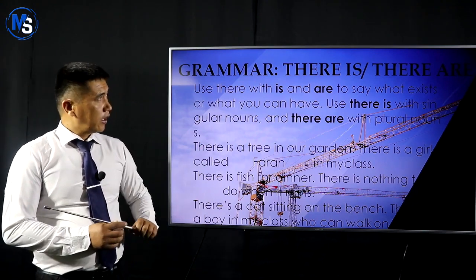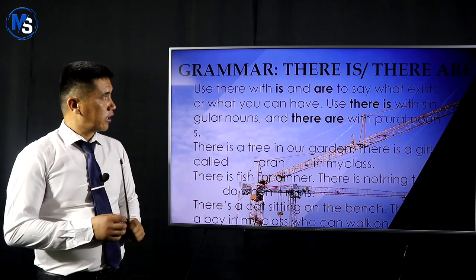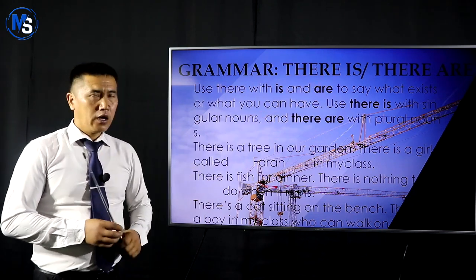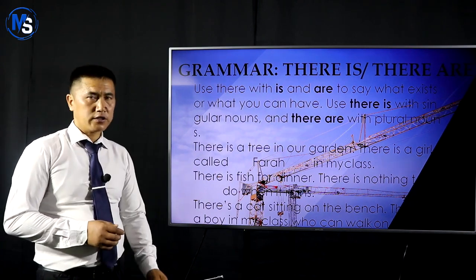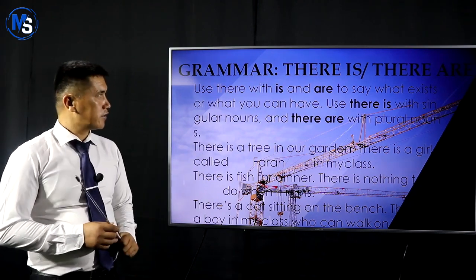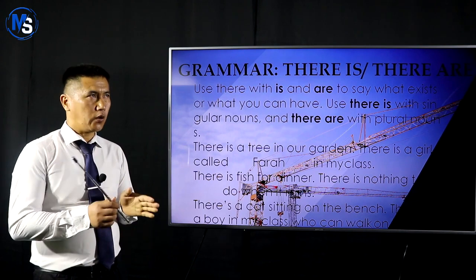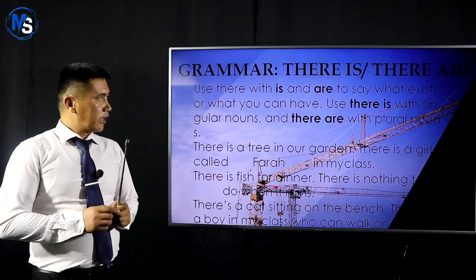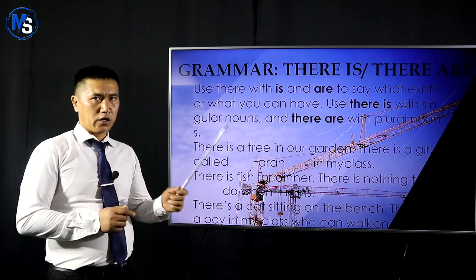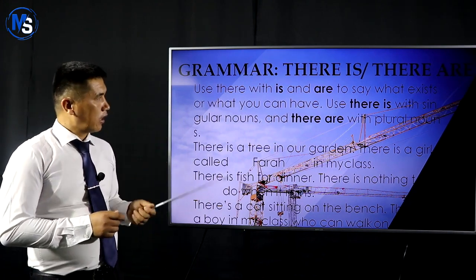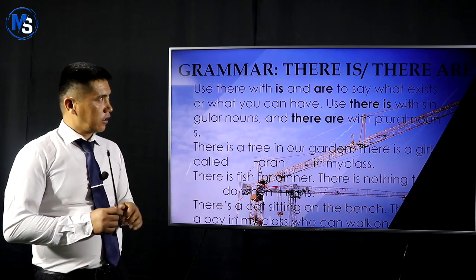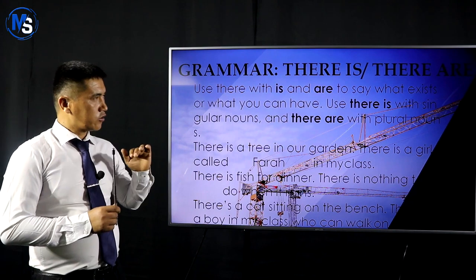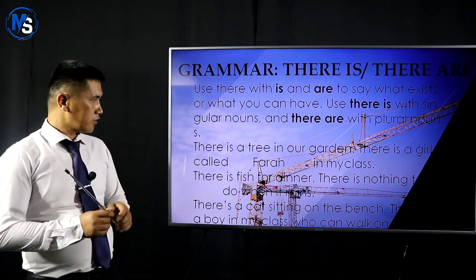And the next, grammar. Today we are talking about, according to this textbook, there is and there are. There is a construction. It's equal to have or has. For example, there is a crane on the ground. There is a tower crane on the building, on the top of the building.